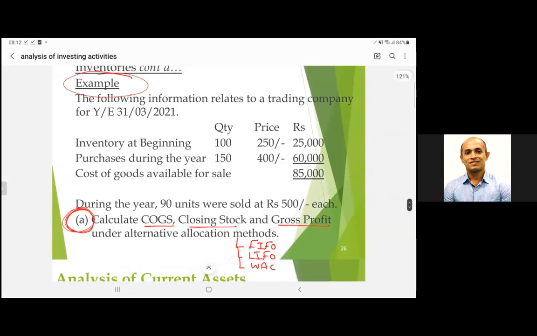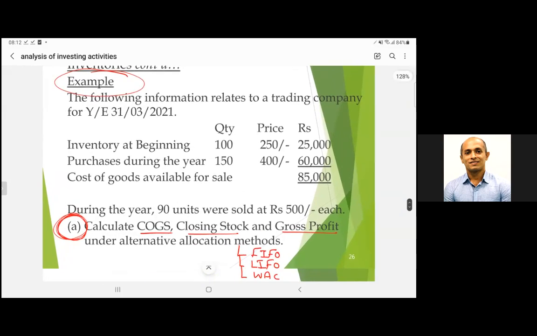You see this company, a trading company, for the year ended 31st March 2021. So inventory quantities at the beginning, and the purchases during the year.